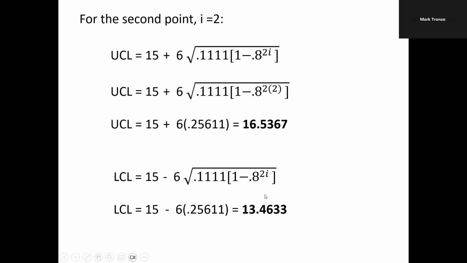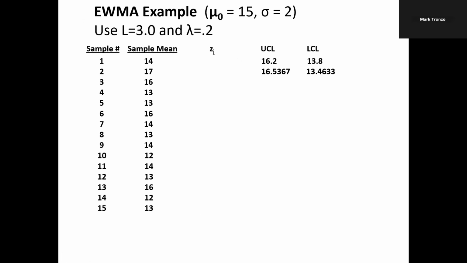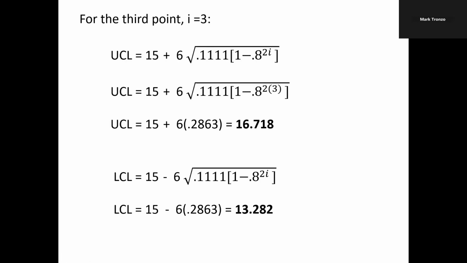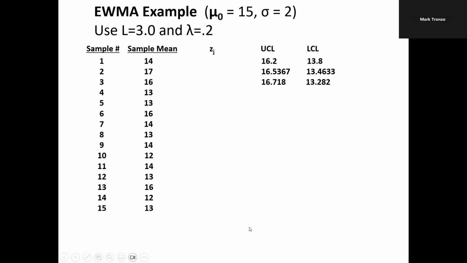Put i equal 2 here, and down here as well. We get 16.53, 13.46. We can plot those. Do that for a third point, i equal 3. Again, in those equations in bold, just put 3 in here. We get 16.718, 13.282. We can plot that. So you can go ahead and calculate all the upper control limits and lower control limits.